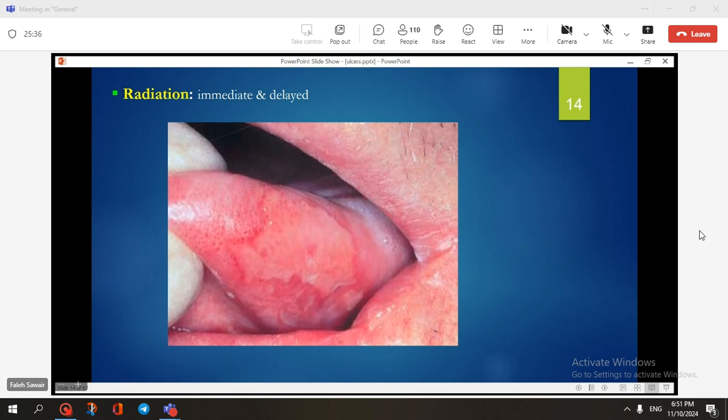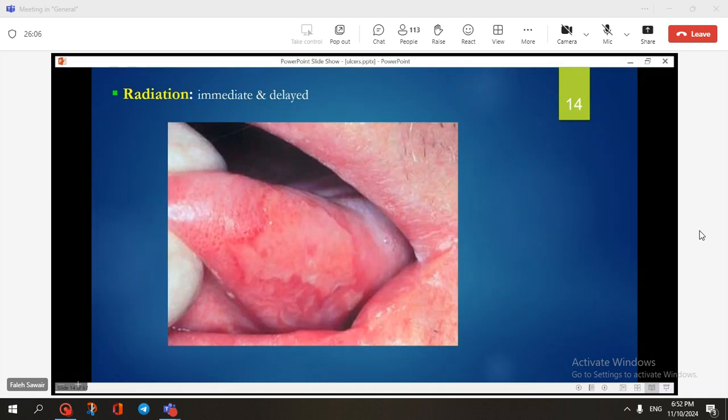Radiation-induced oral ulcers occur in patients who are treated with radiotherapy. After radiotherapy for the treatment of, for example, oral malignancy, the radiation will cause endarteritis obliterans, obliteration of the blood vessels. So the area will be in an ischemic condition.